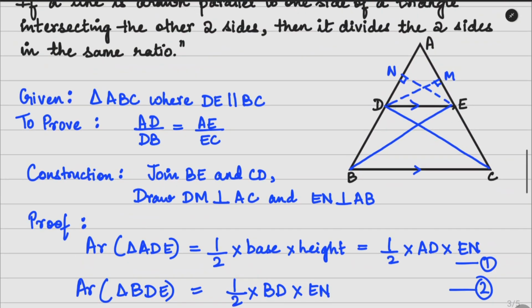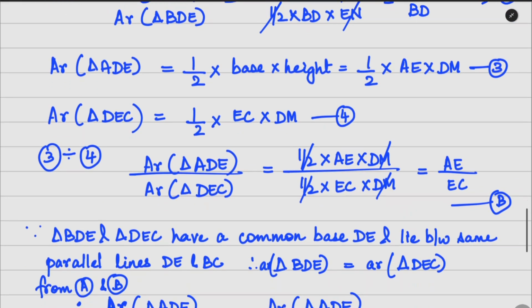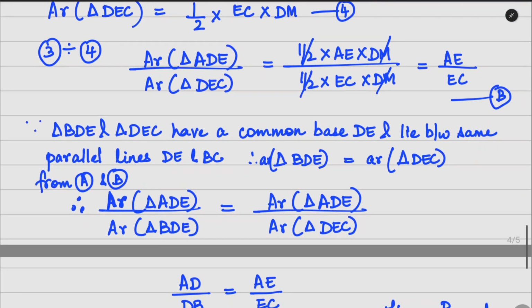Now, since both these triangles, BDE and DEC, have a common base DE and they lie between the same parallel lines, therefore BDE equal to DEC. And hence from A and B you can just equate it.